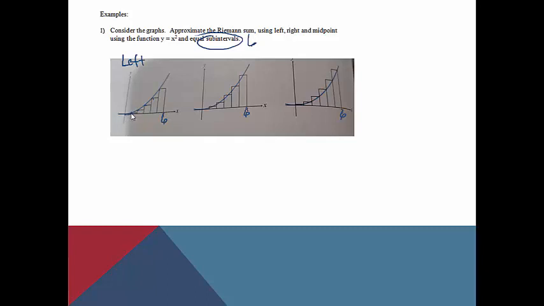This height was determined by the left endpoint, going left and drawing right. Here starting left, going right. Here starting left, going right. Here starting left, going right. Notice it left some space underneath, so we should end up getting an answer that is a little bit small for our area. The next one I'm going to be looking at is the right endpoint.